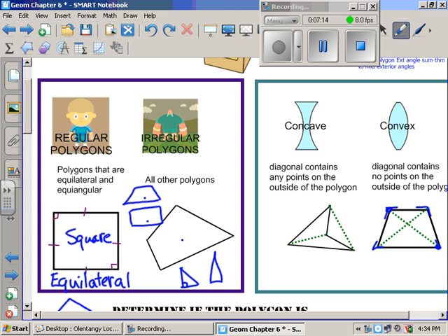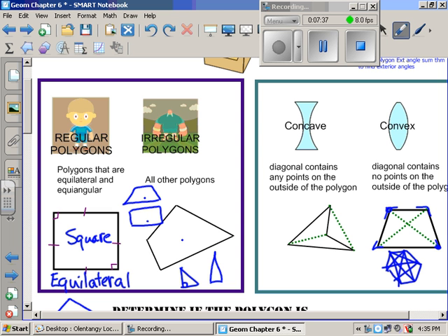So if I were going to draw diagonals of a hexagon, and I draw to non-consecutive angles, they're all going to be inside the shape, right?